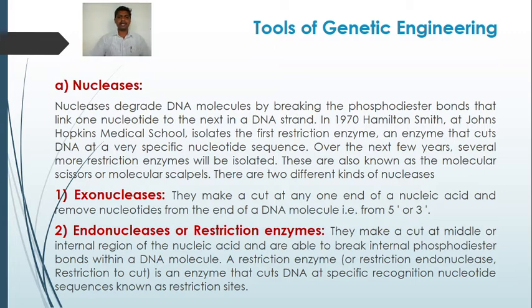Restriction enzymes, or restriction endonucleases, are enzymes that cut DNA at specific recognition nucleotide sequences known as restriction sites. So it cleaves the DNA at the middle or internal region at specific recognition nucleotide sequences.